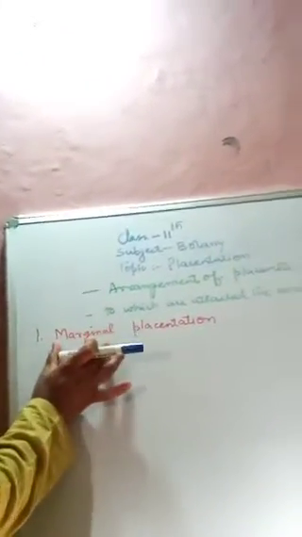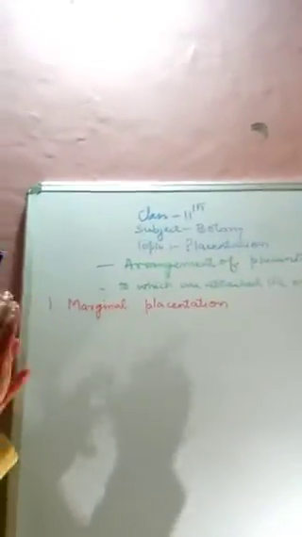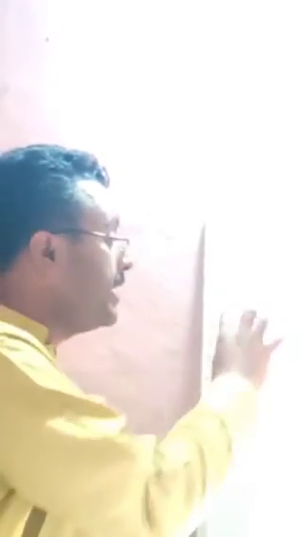What do we simply mean by it? Marginal placentation is the placentation which is found at the margin. In order to understand this marginal placentation, I will give an example. From this example, it becomes somewhat clear what we mean by marginal placentation.